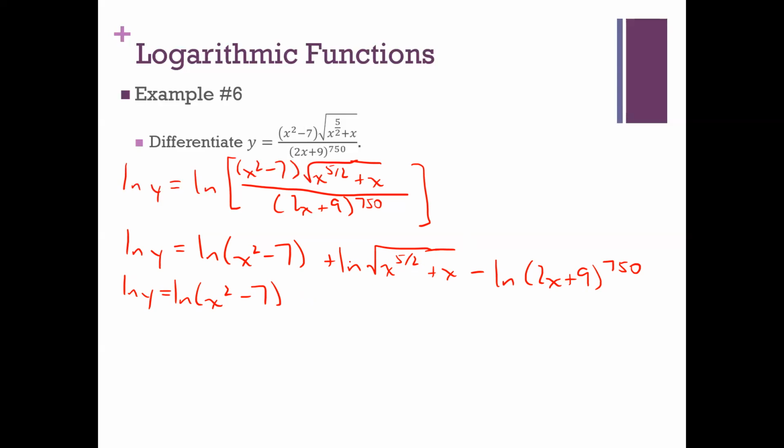So instead of taking the natural log of all this stuff raised to the 1/2 power, I can take the natural log of all this stuff and multiply that by 1/2. Similarly, instead of taking the natural log of this whole thing, I can take the natural log of this thing and then multiply that by 750.